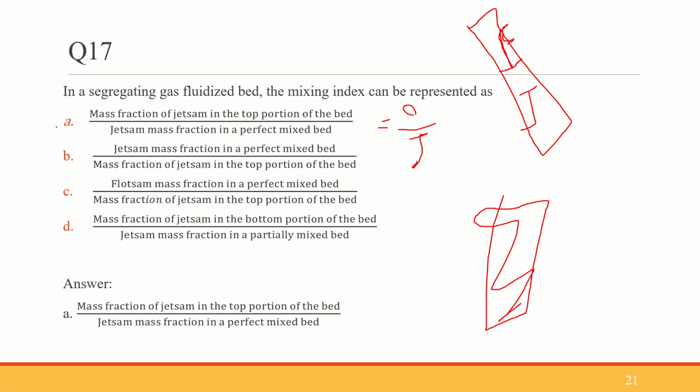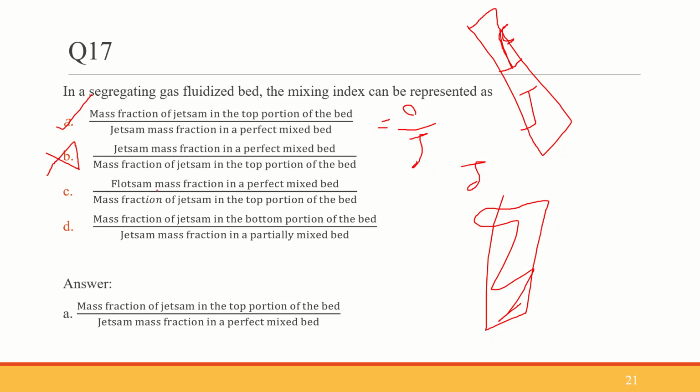So this is the first one and this is the right statement. Just for clarification, we will see option B, jetsam mass fraction in a perfectly mixed bed divided by mass fraction of jetsam in the top portion of the bed. It does not give the right value because sometimes it can be divided by 0 and we will get wrong values. So this one is false.